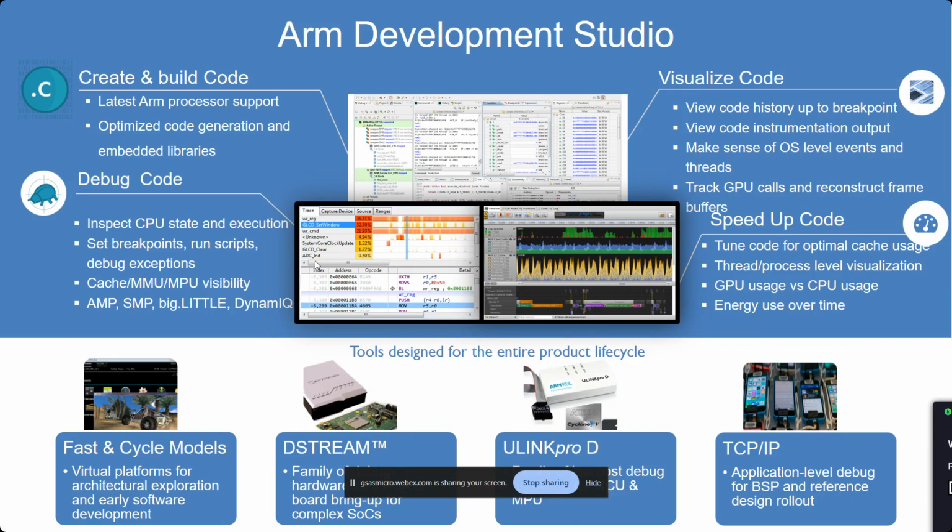For example, in M, I have M0, M0+, M3, M4, M7, M23, M33, M35P, M85, M55, like that. In Cortex-A also we have various processor series, 64-bit and 32-bit.